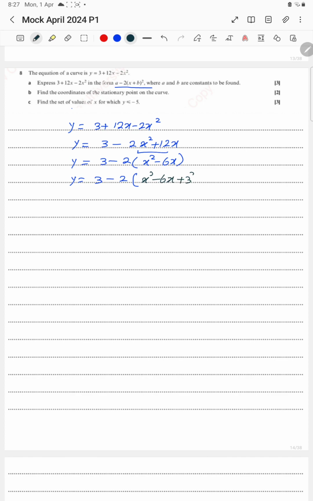So plus 3 square minus 3 square. Further simplification: 3 minus 2 times x minus 3 whole square minus 9. Minus 2 multiplied with minus 9 becomes plus 18. 18 plus 3 is 21, minus 2 x minus 3 whole square.